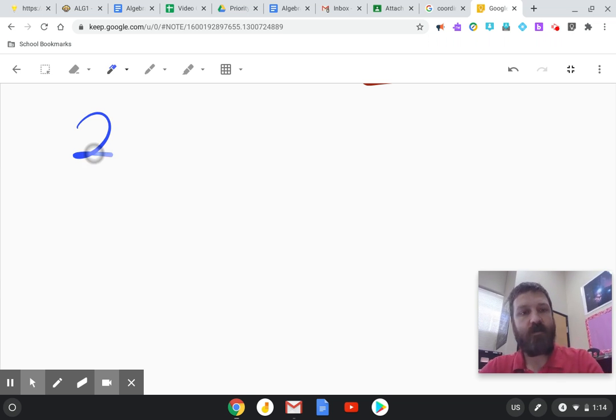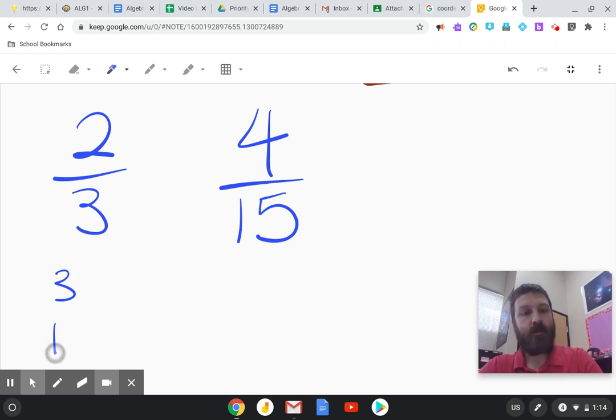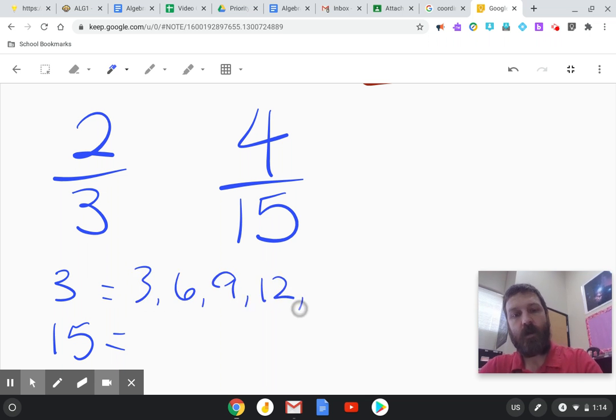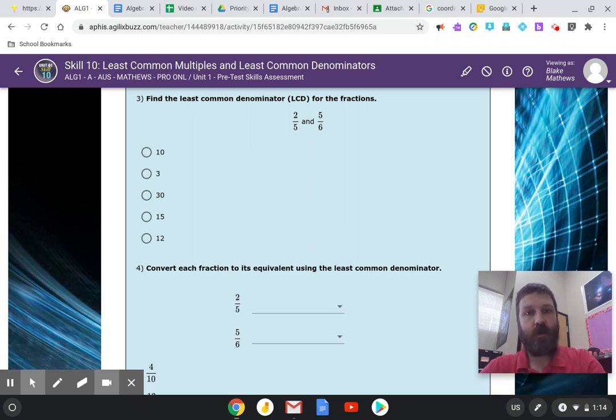So if I have 2/3 and 4/15, I could list the multiples of these numbers, 3, 6, 9, 12, 15. And of course, you'd see that 15 is the least common multiple. And then I would use that later to do something with these fractions.